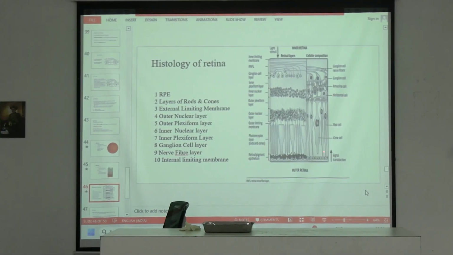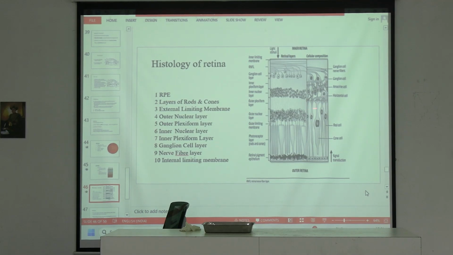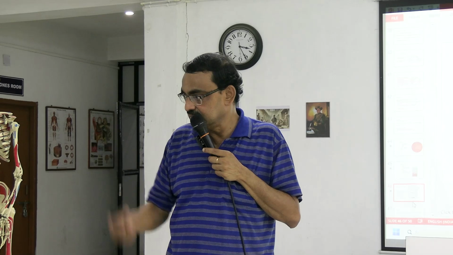So from outside inwards, this is the pigment layer, rods and cones, then outer nuclear layer, outer plexiform layer, inner nuclear layer, inner plexiform layer, layer of ganglionic cells, nerve fiber layer, and this is the inner limiting membrane, and here we are getting the outer limiting membrane. So these are the 10 layers we can get within one retina.